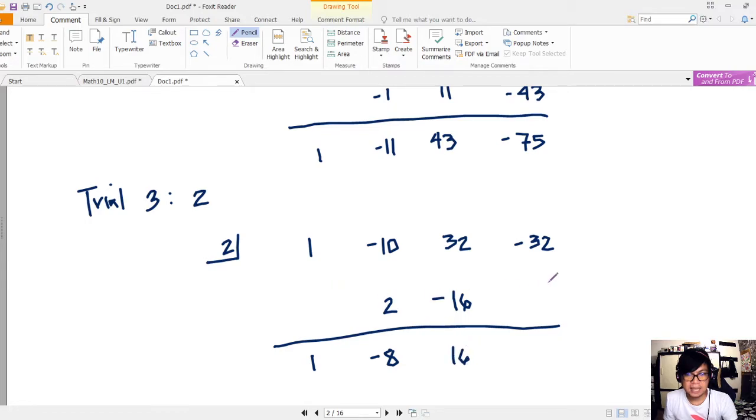Then 16 times 2 is 32. 0. So since the remainder is equal to 0, so we can say that 2 is a real root.